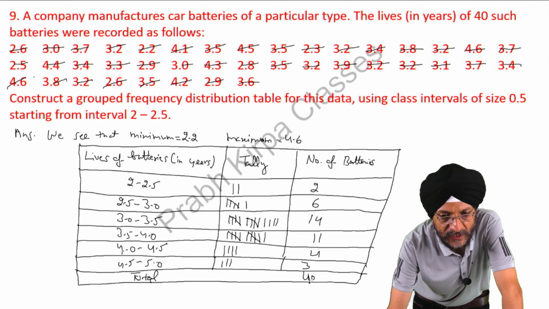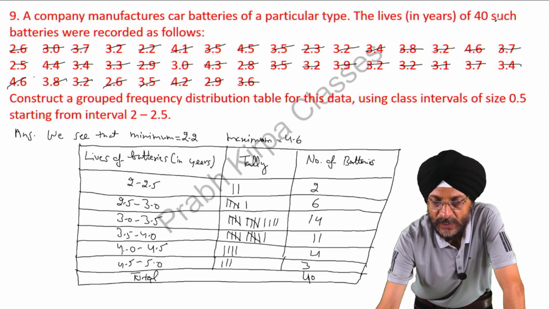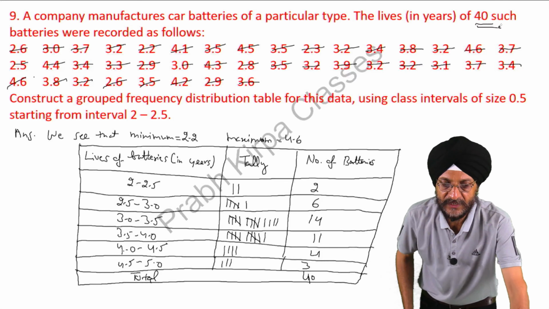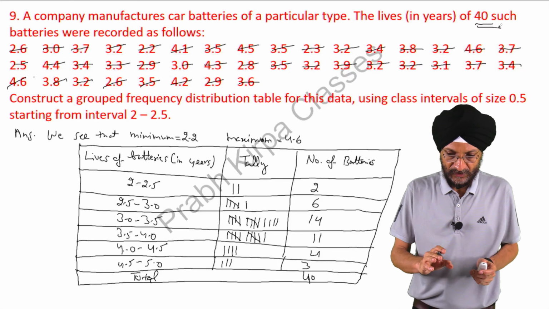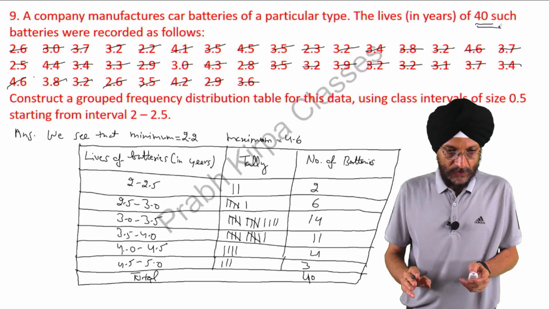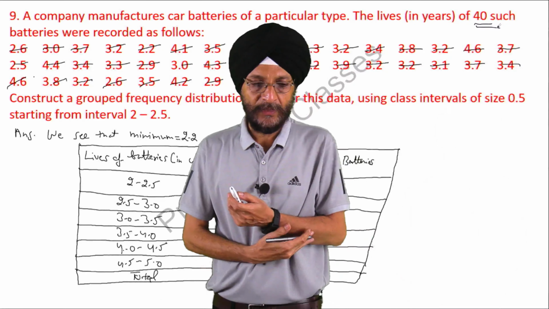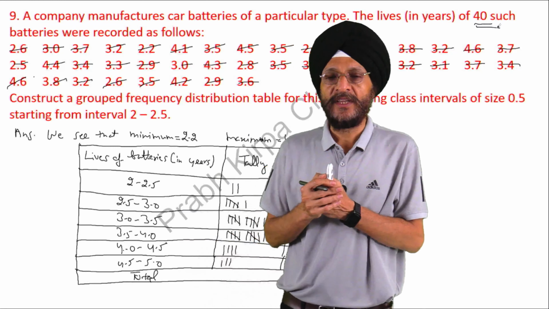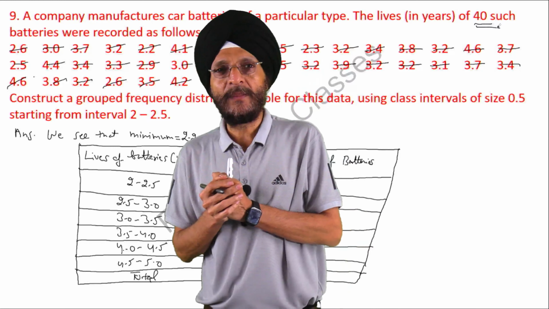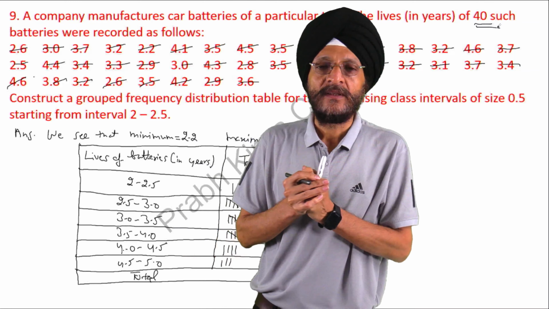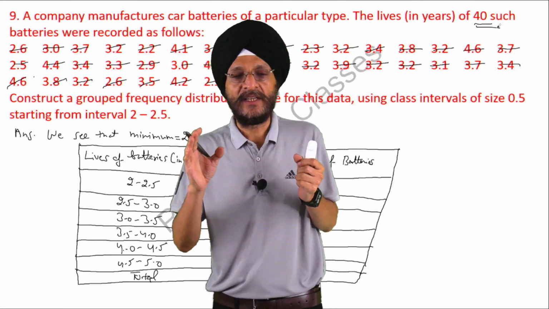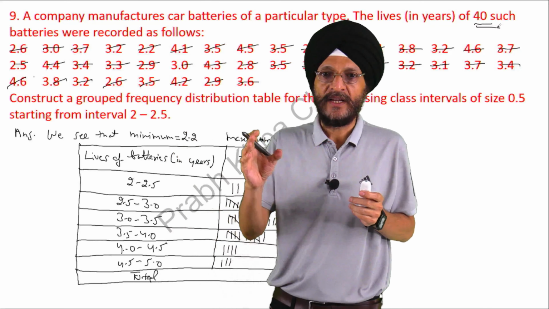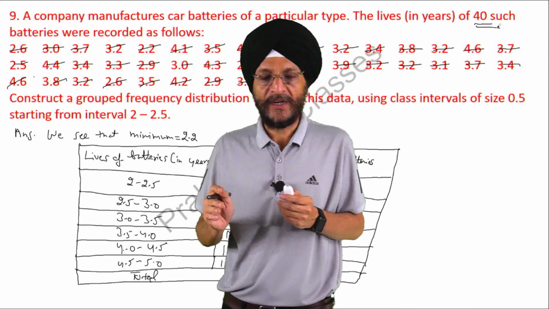So it means that we have accounted for all the 40 batteries in our record. So we have been able to construct a group frequency table in respect of 40 batteries where they were having the life in years, and the data for the same was provided to us.